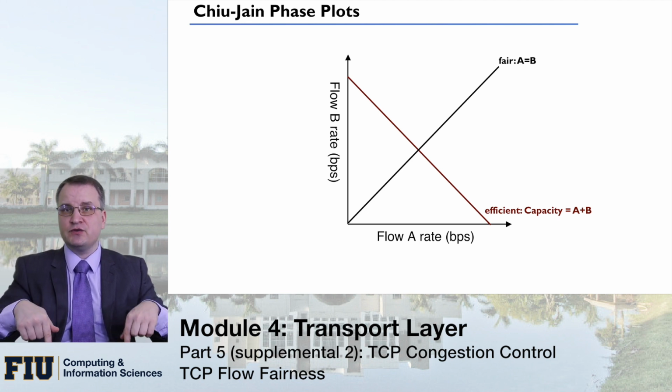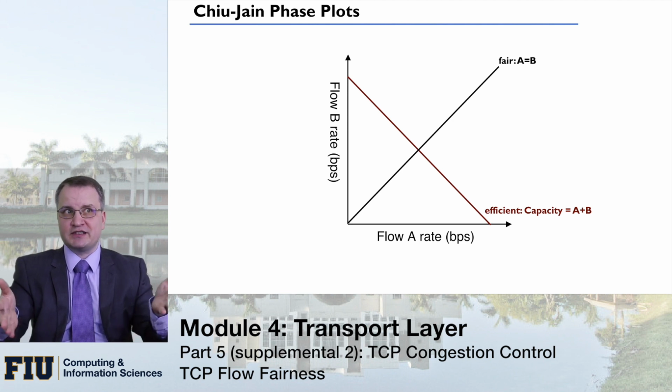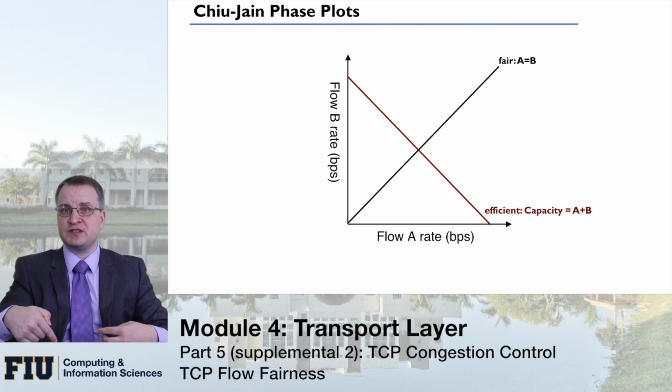If the two flows are sharing the same network or going to the same destination, they effectively share the same capacity, so you cannot send more than A plus B in this particular case. There's a fair amount: this middle point, meaning both flows are sending at exactly the same rate. Any deviation from this fair share would indicate some form of unfairness.